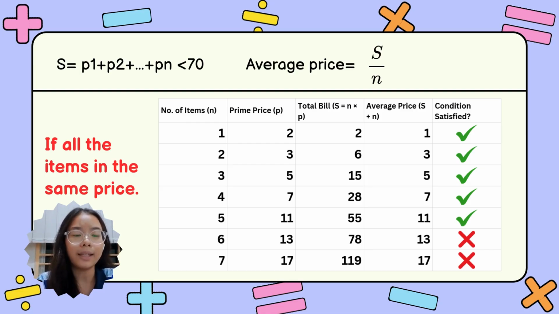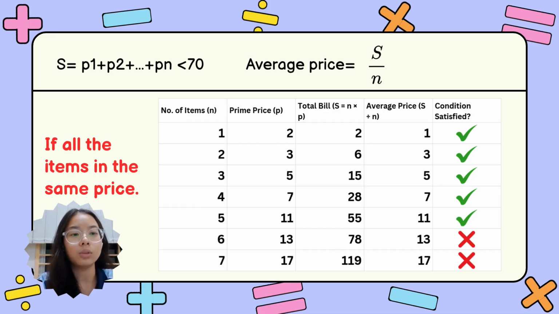If n is 1, the prime price is 2, the total bill is 2 also, and the average price is 2 divided by 1, which equals 2, and the condition is satisfied. If n is 2, the prime price is 3, the total bill is 6, the average price is 6 divided by 2, and we get 3.